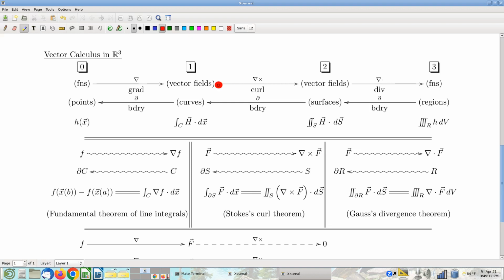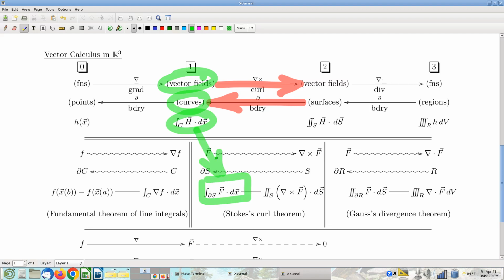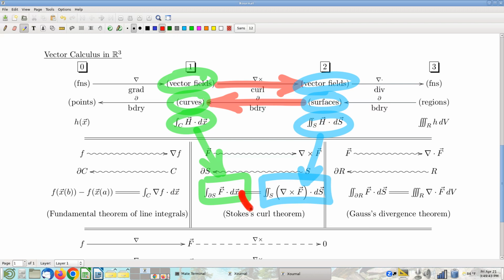If I have a vector field and I compute its curl, and then I look at a surface's boundary curve, that original vector field over the boundary curve, compute a line integral, the curl over the original surface, compute the flux, and you get the same thing on both sides. The diagram tells you the theorem. All you have to know is the pattern. I think that's pretty cool.